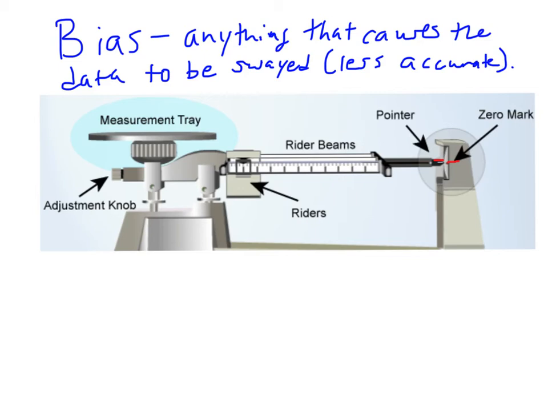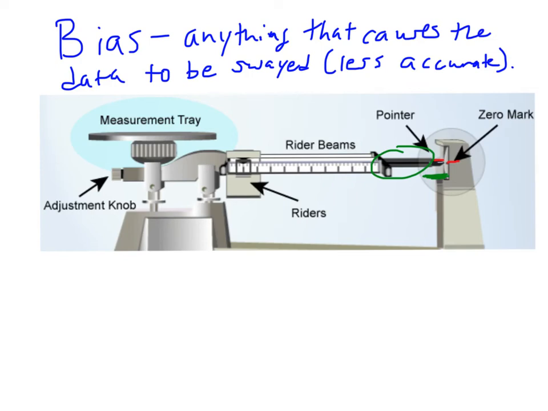Now what if the two zero marks did not match up before you put something on the tray? Let's say the tray is empty, but your zero mark is actually down here, like this piece right here is down at this level. That shows that there is less than no mass on the tray.